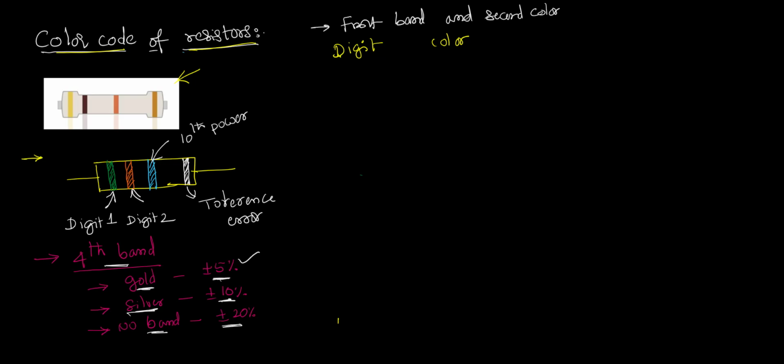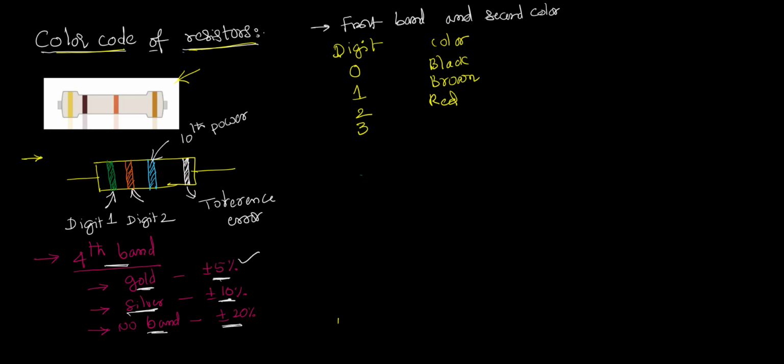If the digit is 0, it is represented with black. If it is 1, it is represented with brown. If it is 2, red. If it is 3, orange.